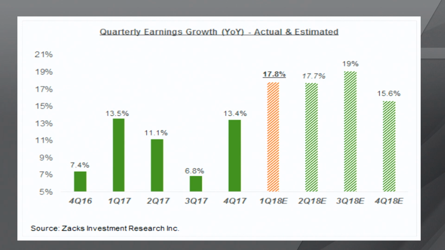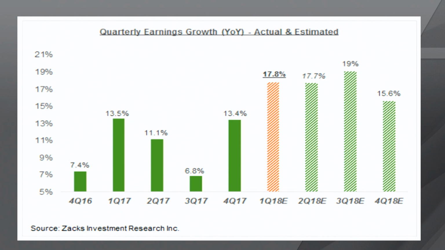So, why should we be optimistic about this market? This is from last week, April 18th, when our Director of Research, Shiraz Mian, last updated it. This is quarterly earnings growth year over year, so comparing this quarter to the same quarter a year ago. And so you see Q1, that we're getting reports for now, last week was estimated at 17.8% earnings growth.